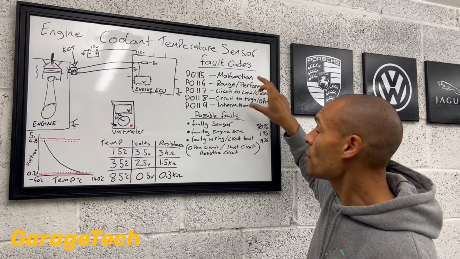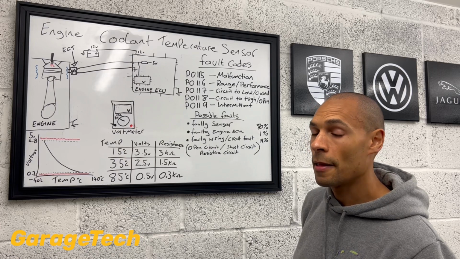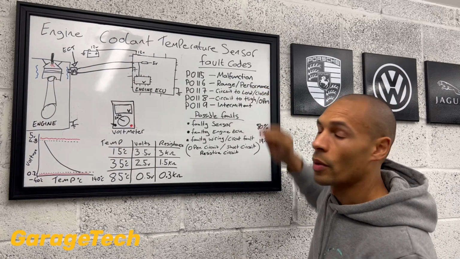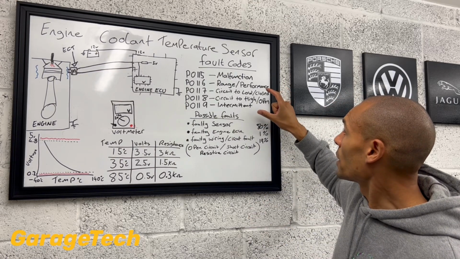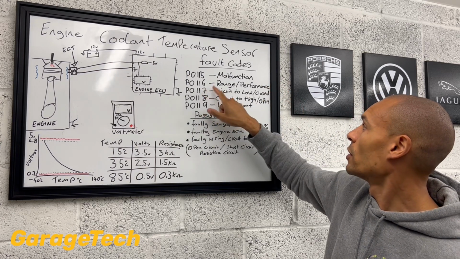But generally between those two, it's going to tell you that you've got a fault on the system, and you need to go and check it. The chances are you're probably going to get one of those two and one of those three at the same time.